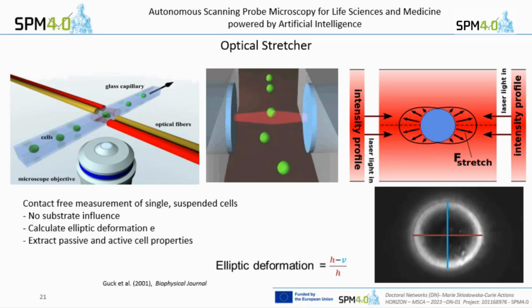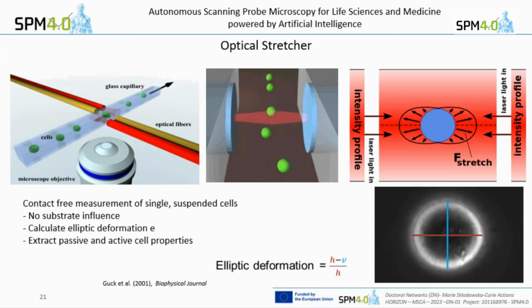Anna also showed some data on the RTDC, which is a much more advanced version of this, I would say. This was the one where she couldn't show the video. She just showed the data evaluation.